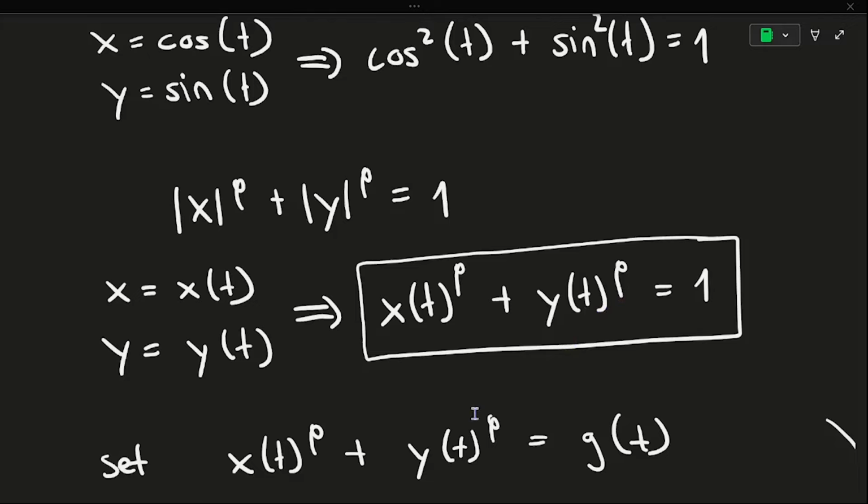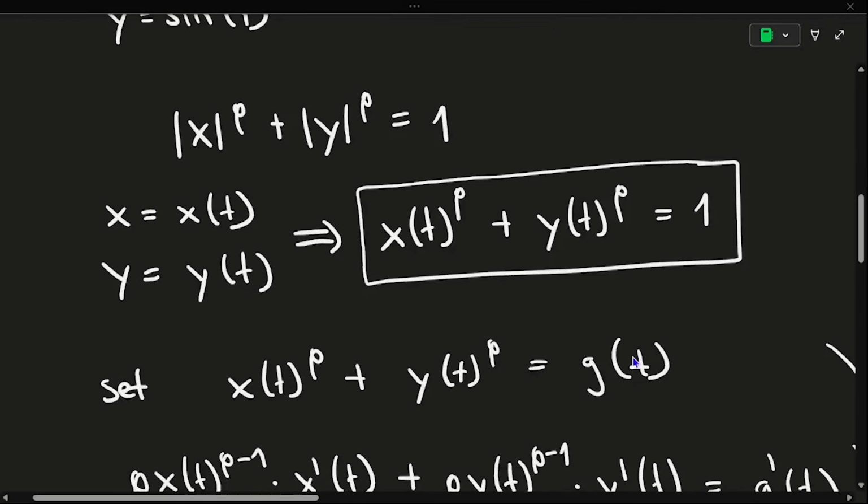How do we do this? We set this equal to some function g of t, and we first prove that this function is a constant, and then we say that it is precisely equal to 1. And for that proof, we use our suggested derivatives, and this should work. Well, let's just do it.